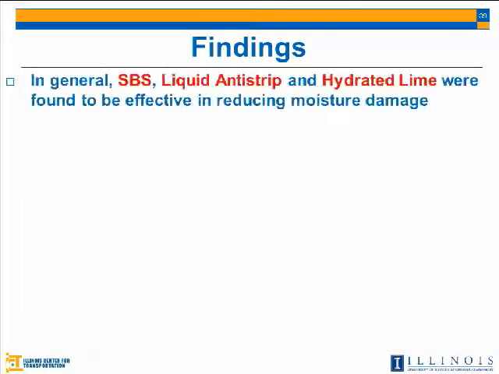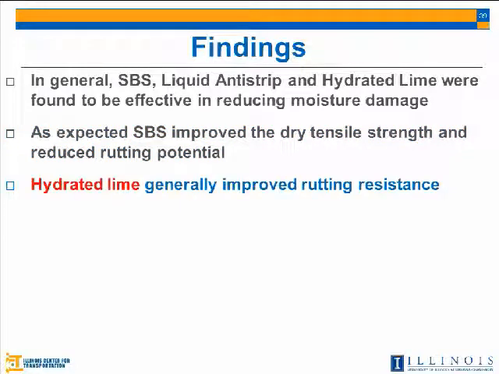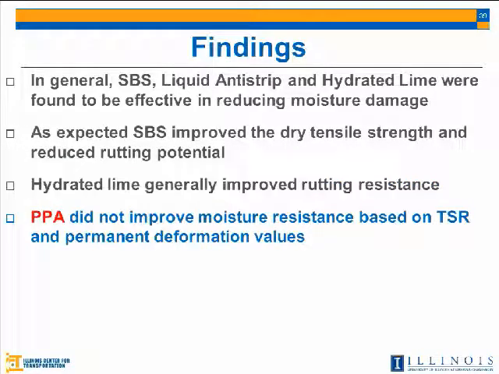Now the main findings of this study so far: the SPS, liquid anti-strip, and the lime have shown good control for moisture damage. The SPS improved the dry tensile strength and also reduced the rutting potential. Also, the lime has a similar trend to improve the rutting resistance.